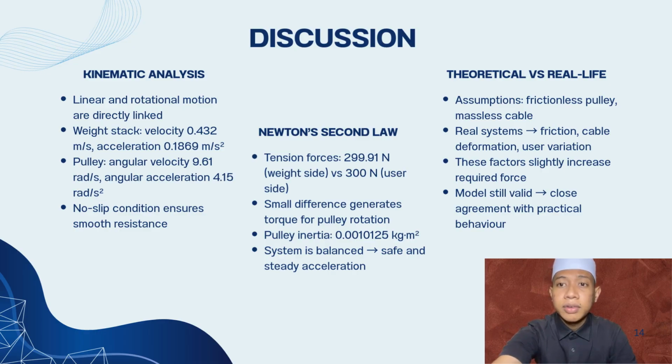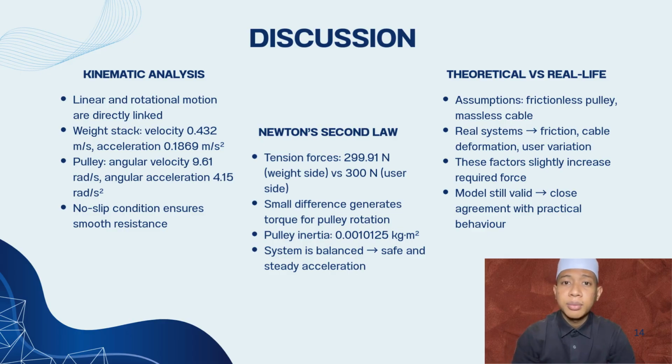This result confirms the kinematic constraint equation: acceleration equal to R alpha, where alpha is angular acceleration, proving that the tangential acceleration at the pulley rim matches the linear acceleration of the weight stack. This ensures smooth resistance and prevents jerky motion, which is essential for safe gym equipment design.